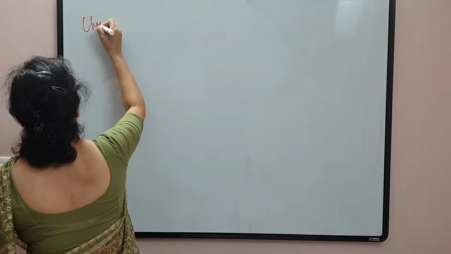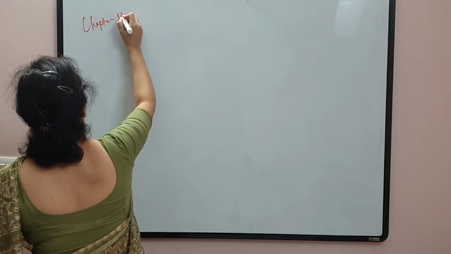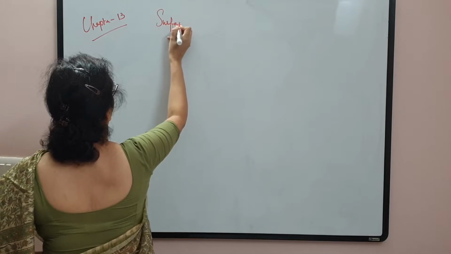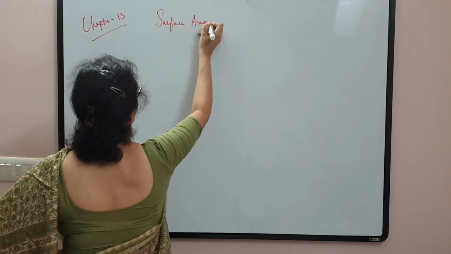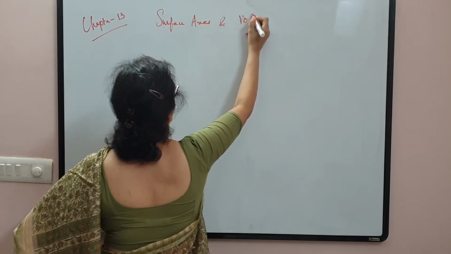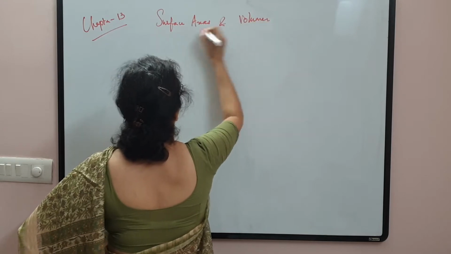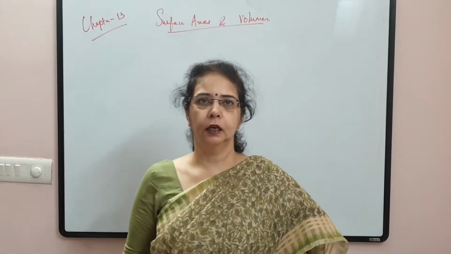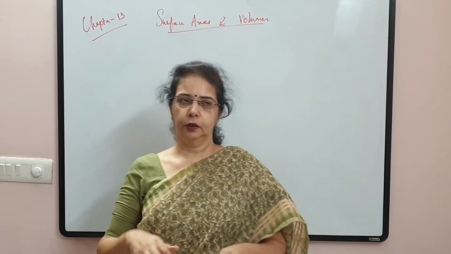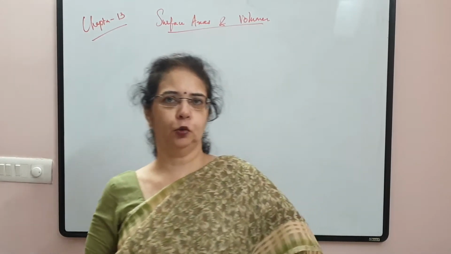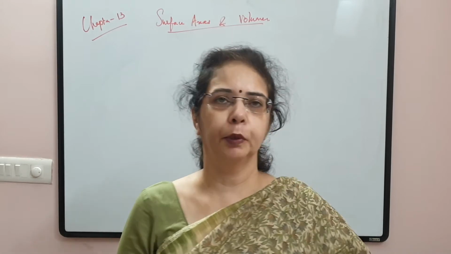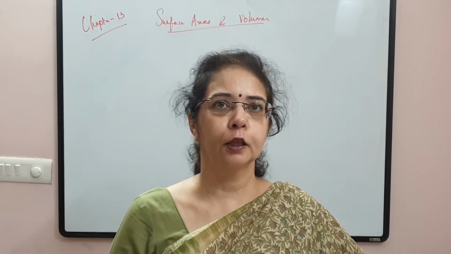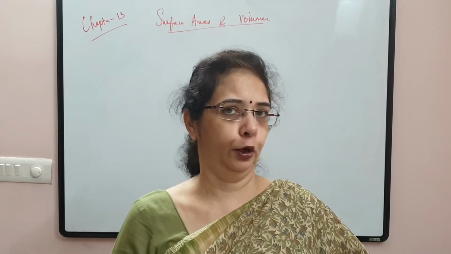This is chapter 13 of your NCERT book, and this is surface areas and volumes. Children, this is a long chapter because we shall be studying different kinds of figures. The simplest one, which is taken up in the first exercise, is surface areas of cubes and cuboids.